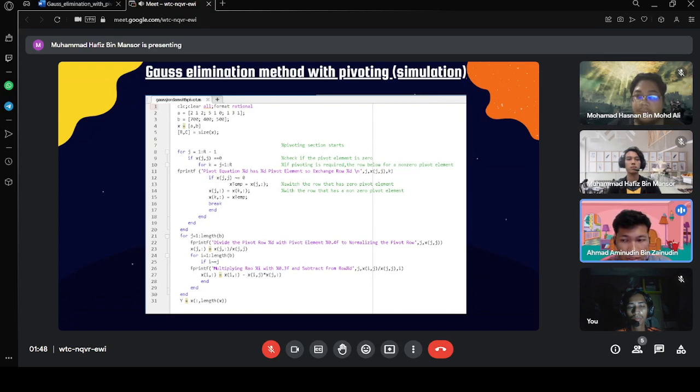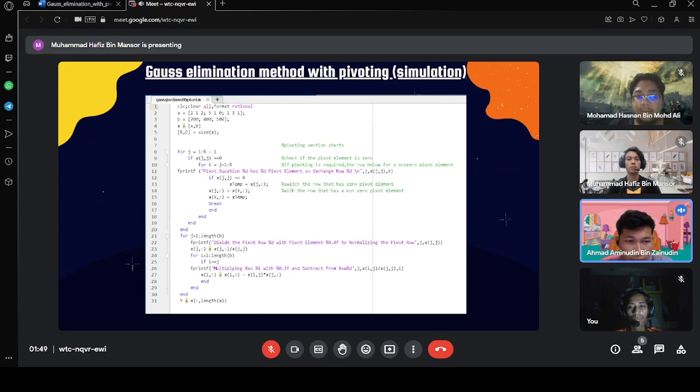Then I execute my coding. As you can see, I put a comment here, pivoting section starts, to check whether the pivot element is 0. And if it is, the row below is required for a non-zero pivot element.